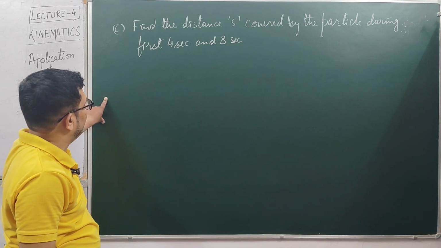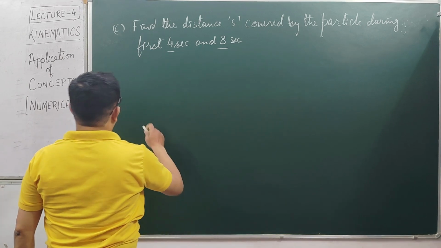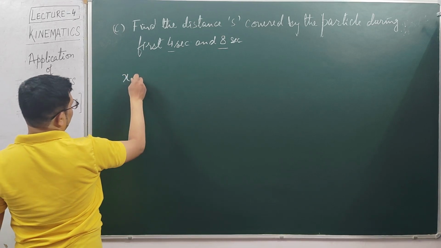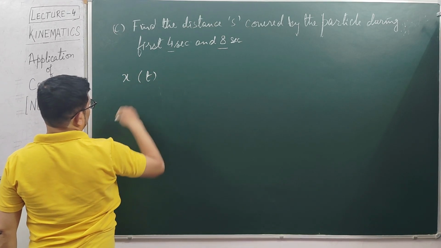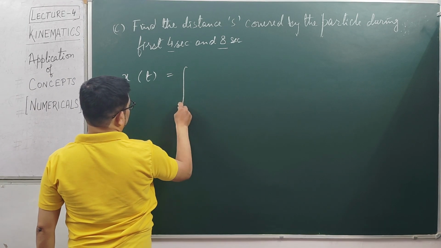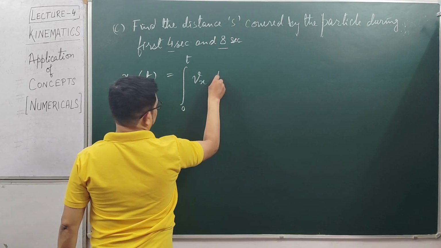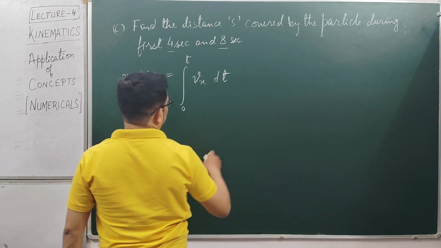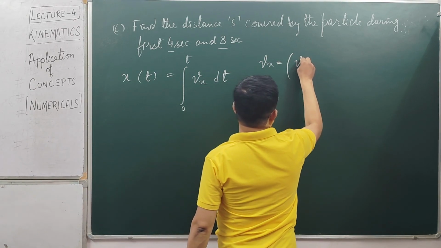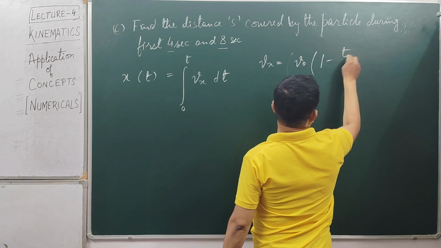So we need to be careful about this 4 seconds and 8 seconds, and we should keep in mind the equations. So what are the equations we had? We had this equation, x as a function of time, the position as a function of time. We got this as equal to the integral from 0 to t of vx dt. And this vx was given as v naught times 1 minus t over tau.